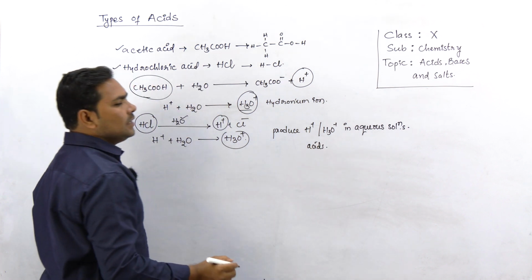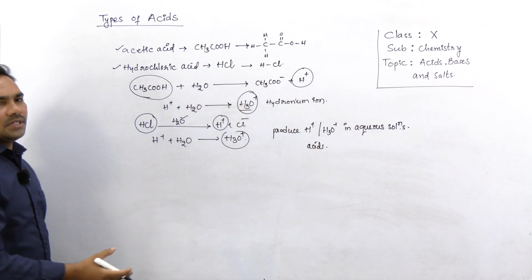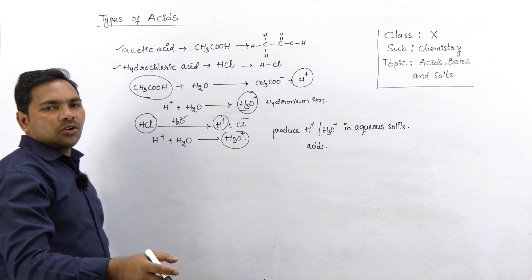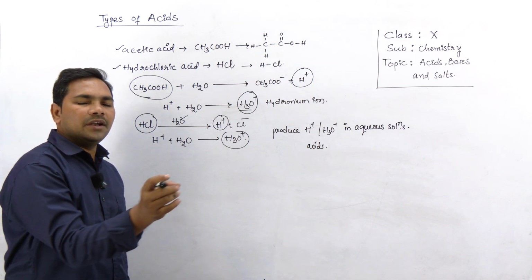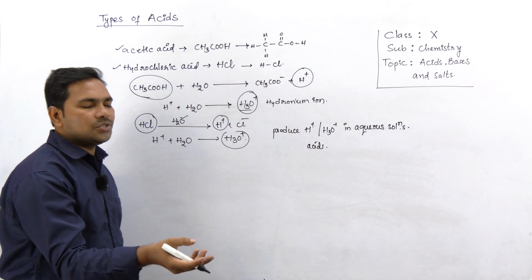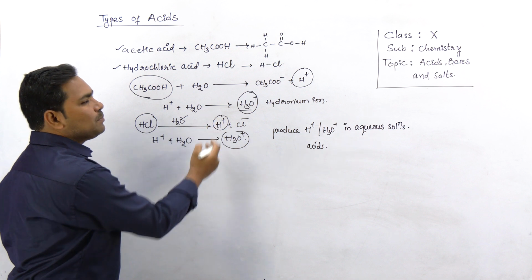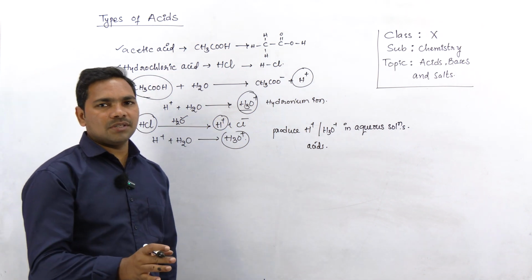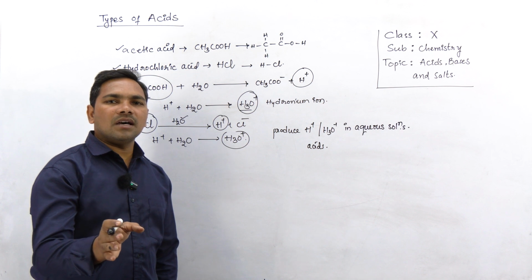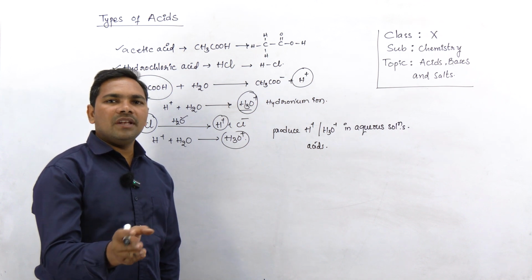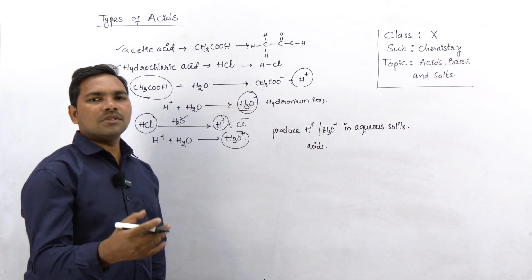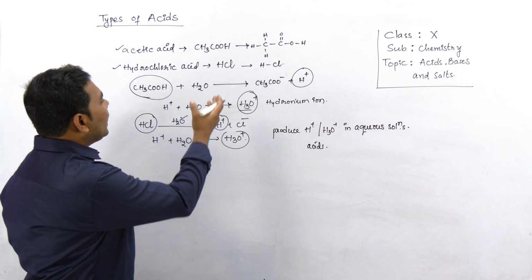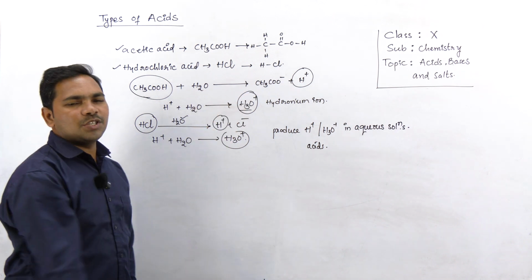So in all the examples, organic acids or inorganic acids, when added to water in their aqueous solutions, they produce H plus ions or H3O plus ions, hydronium ions, because all acids are soluble in water. When they dissolve in water, they produce H plus ion. So all acids commonly produce H plus ion.